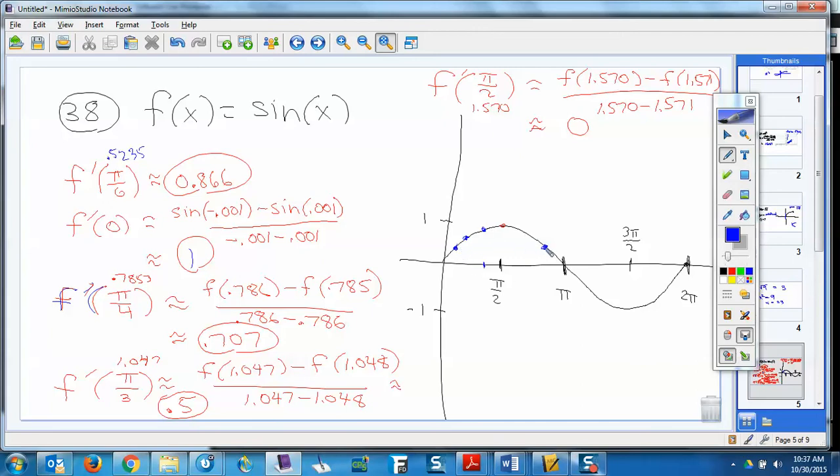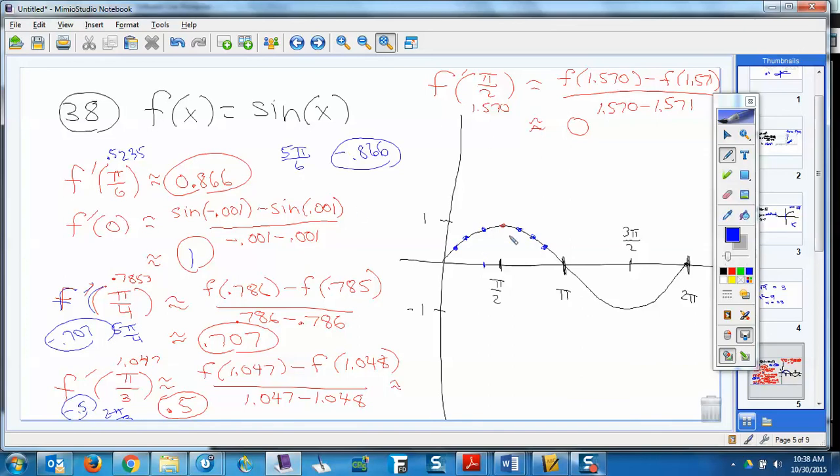So this is pi 6. This would be 5 pi 6, so 5 pi 6 ought to be a slope of negative 0.866. Does that make sense? And pi fourths over here, so at 5 pi fourths, looks like we'd have about negative 0.707 slope. And 2 pi thirds would be right there, so it looks like it would be about negative 0.5 slope.